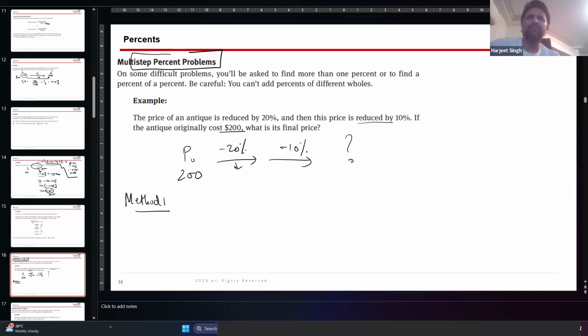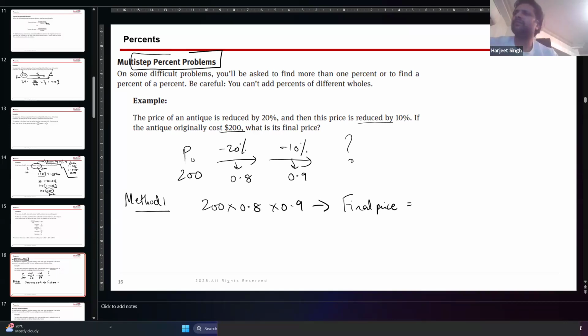Minus 20% means 0.8 and minus 10% means 0.9 are the factors, which essentially means 200 times 0.8 times 0.9 will be the final price, whatever that number is.